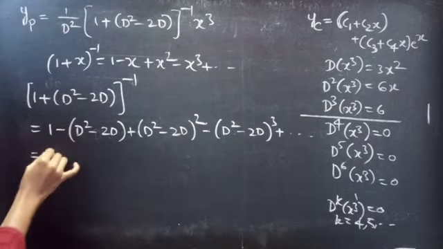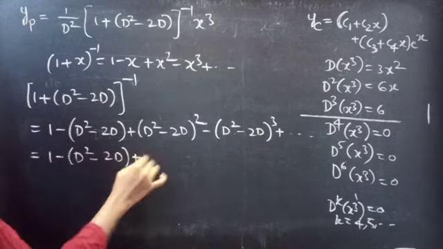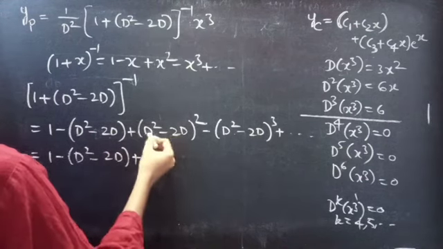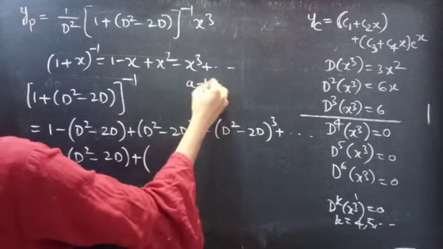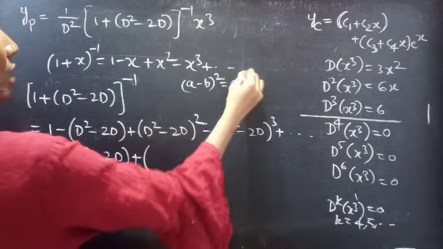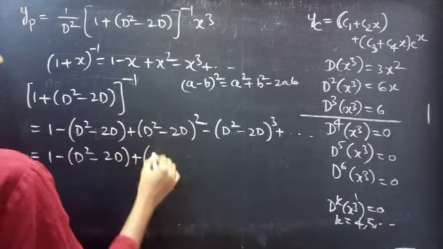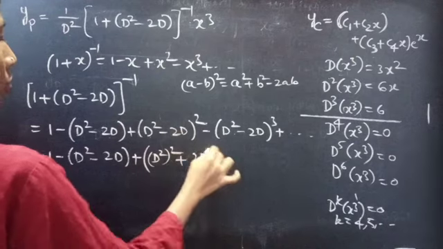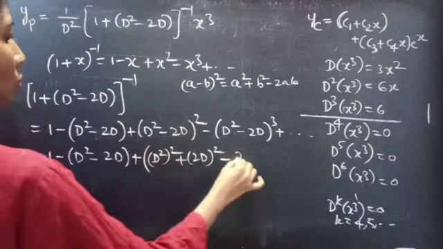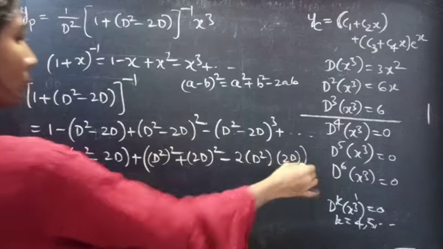So this equals 1 − (d² − 2d) plus, expand (d² − 2d)² using the (a − b)² formula, which is a² + b² − 2ab. Then we'll get (d²)² + (2d)² − 2 into d² into 2d.